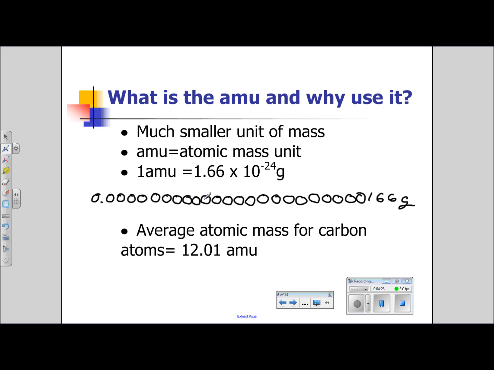Can you imagine how small that number is and how difficult it would be to have to work with tiny, tiny numbers like this? Well, that's exactly why scientists worked on this unit and came up with a unit that makes this number equal to 1 AMU.